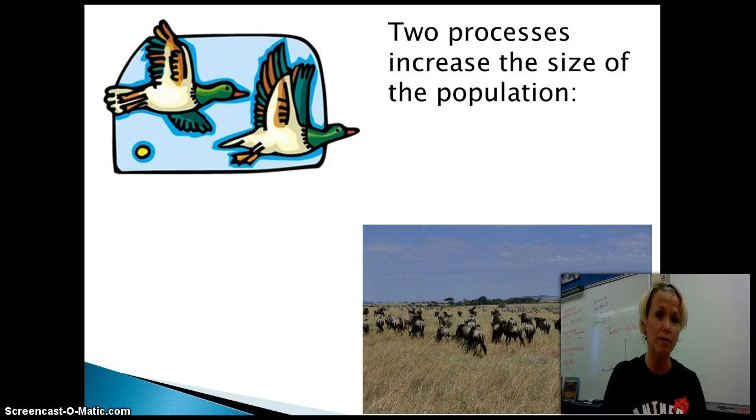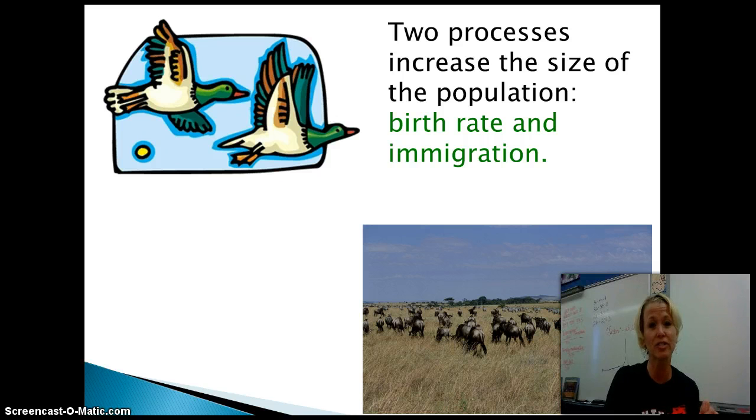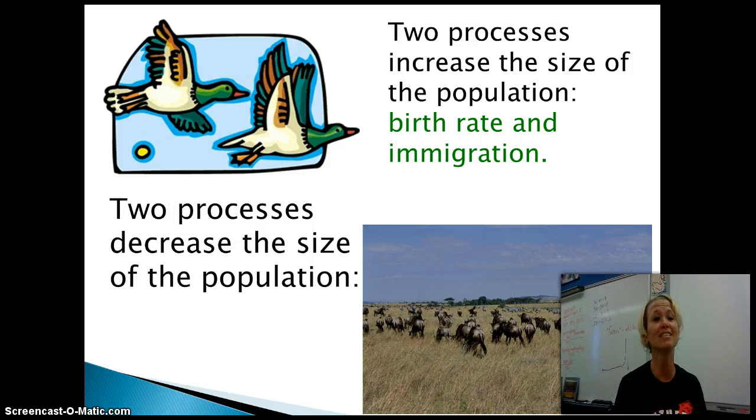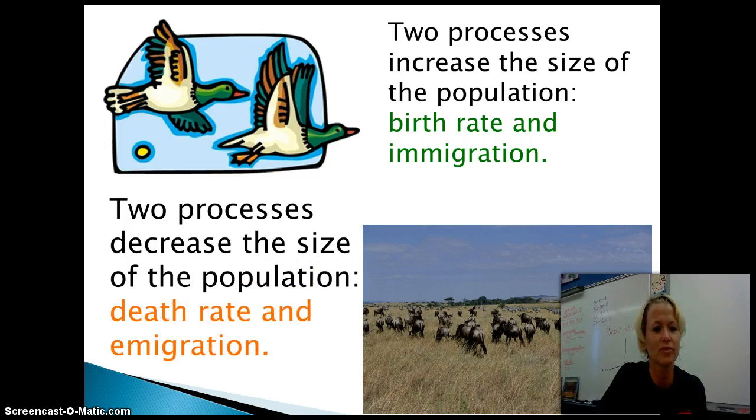We just talked about one. One would be immigration. How about birth rate? So birth rate and immigration are going to increase the population. Now it probably is pretty easy to figure out which two processes are going to decrease a population. Death rate and emigration. That's right.